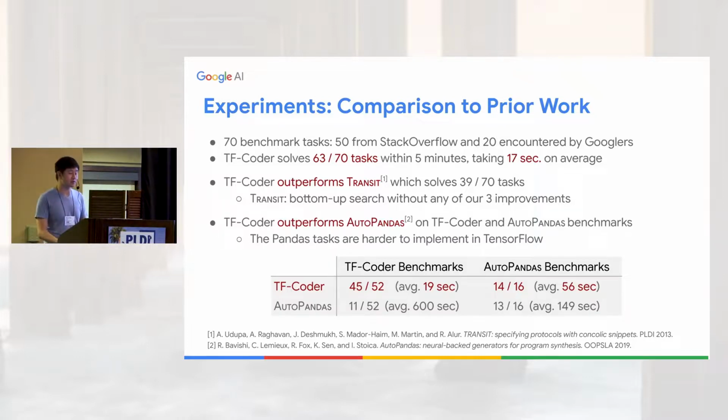AutoPandas is a program synthesizer for similar sorts of data manipulation tasks using the Pandas library. And we found that TF-Coder actually outperforms AutoPandas on benchmarks from both projects, even though the Pandas tasks are harder to implement using TensorFlow.